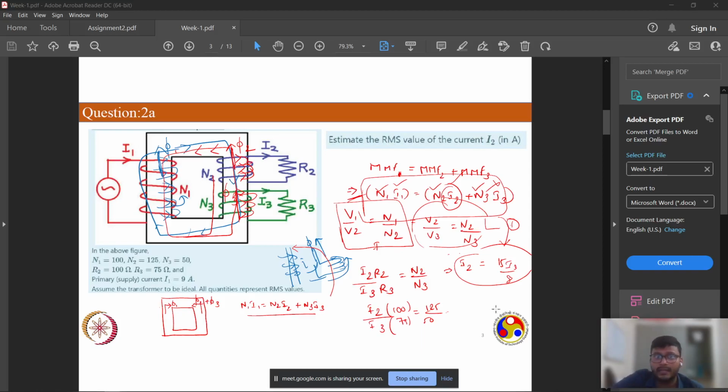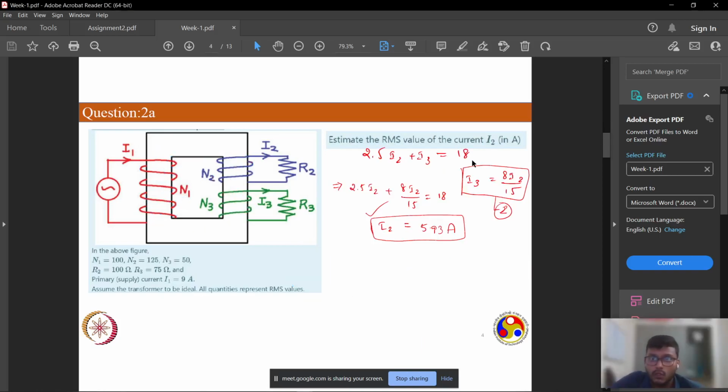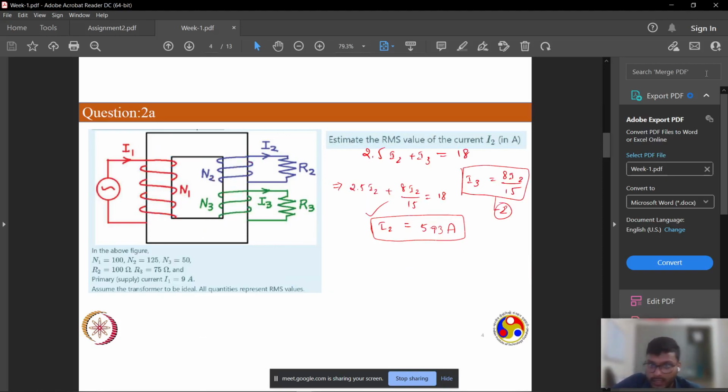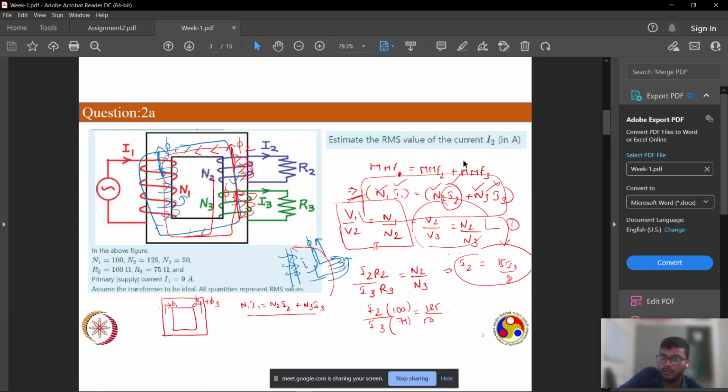That equation is nothing but the MMF equation. See this equation: N1 I1 is equal to N2 I2 plus N3 I3. That is the only equation here. We substituted the known quantities, and it simplified to that equation.